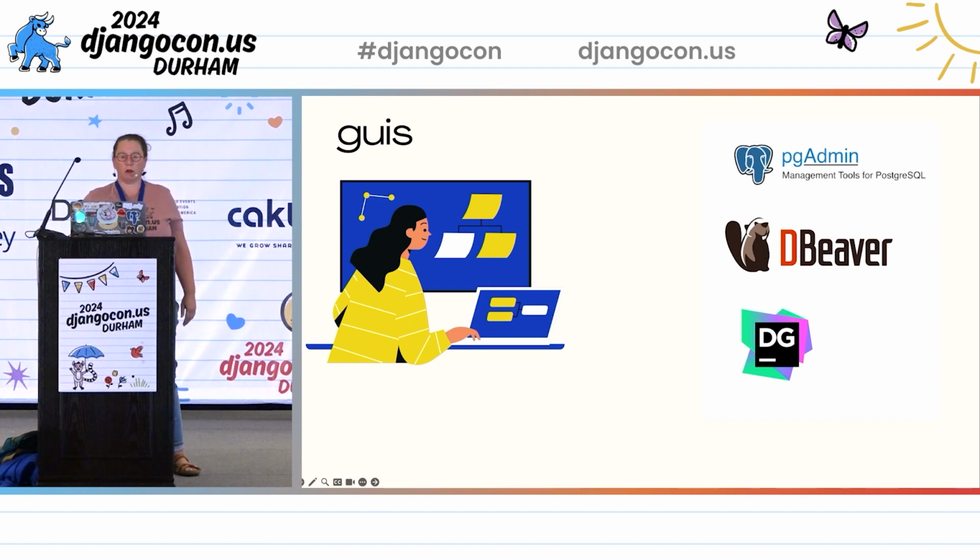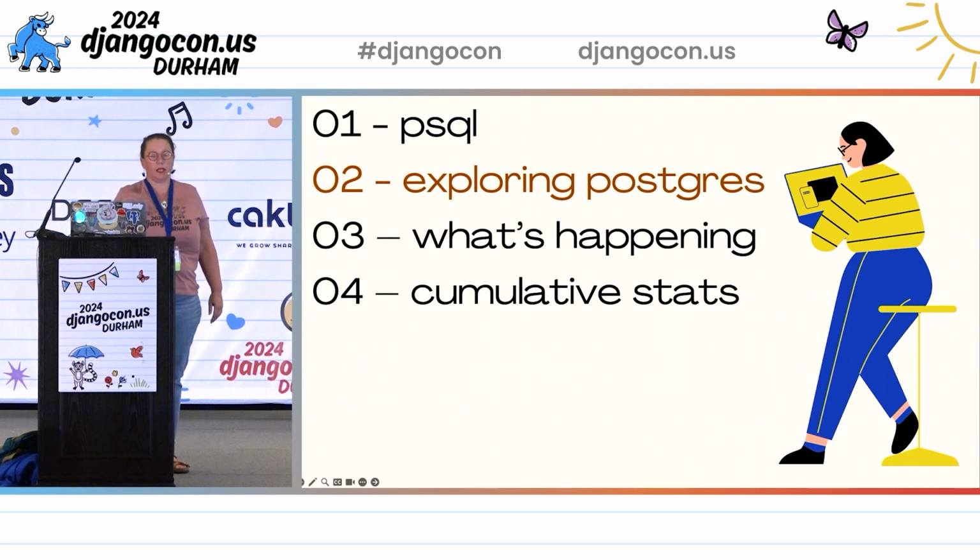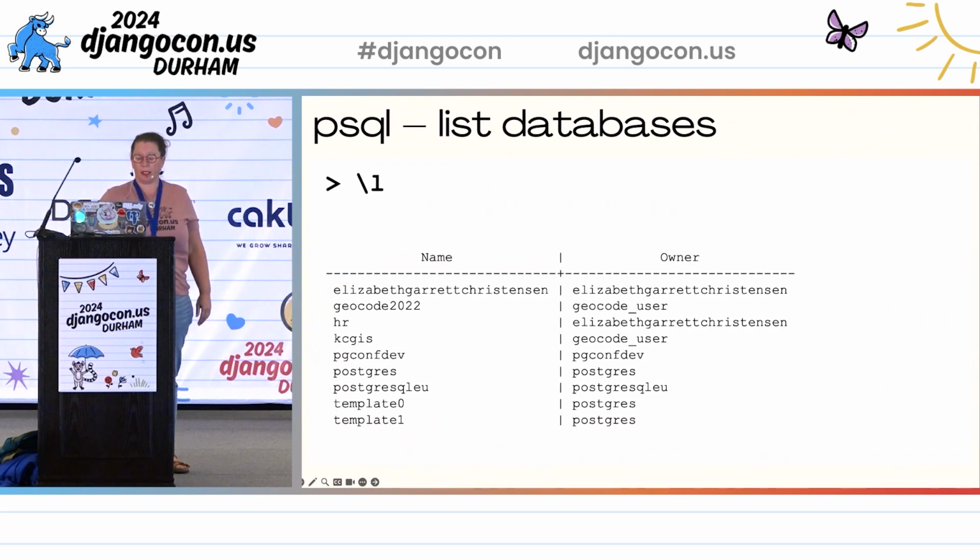Now that we have connected, I'm going to talk through some of the ways that we can see what's going on inside our database. I'm going to start at the very, very beginning. If you have a Postgres installation, you may have more than one database inside of it. This is a nice way to experiment, start test projects, and do lots of stuff without touching your other stuff.